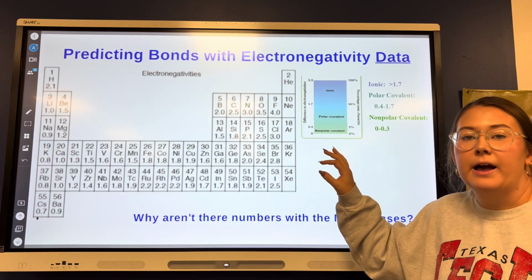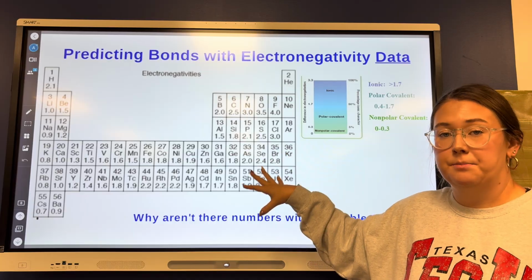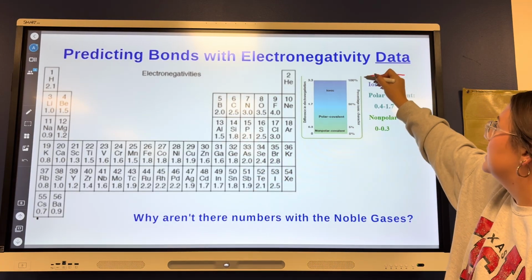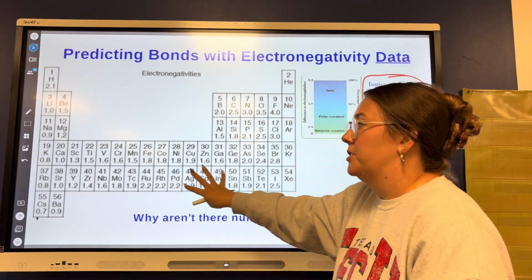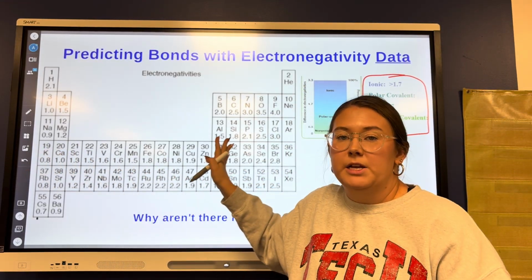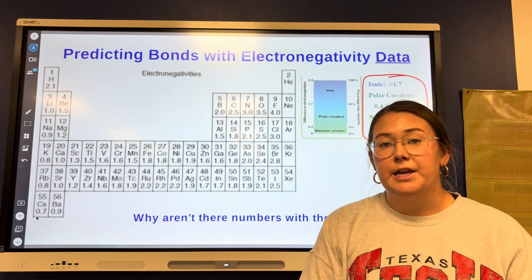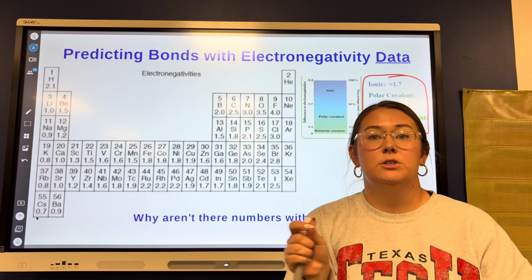Now we're going to look at electronegativity values. You do not need to memorize these numbers. What you do need to know, however, is this piece right here. These are the electronegativity values for all of these elements on the periodic table. When we're determining polarity, we look at the difference in the electronegativities of the two elements.